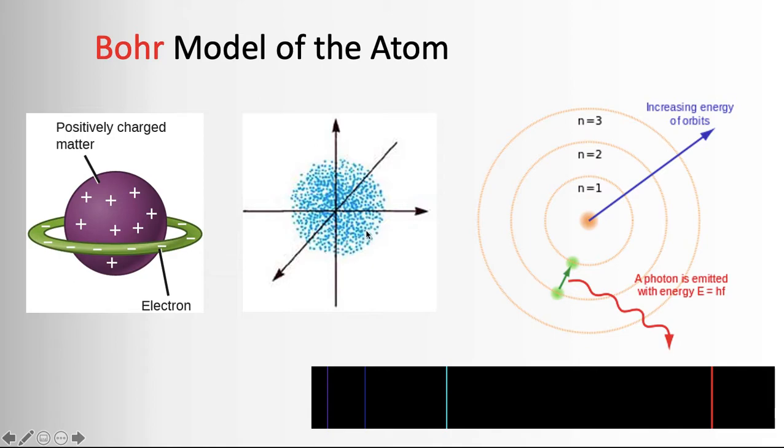In some cases, it might be over here or over there, but most of the time it would be found in this particular sphere, which ended up being called a shell. These shells that we're going to talk about are also called energy levels or orbitals.